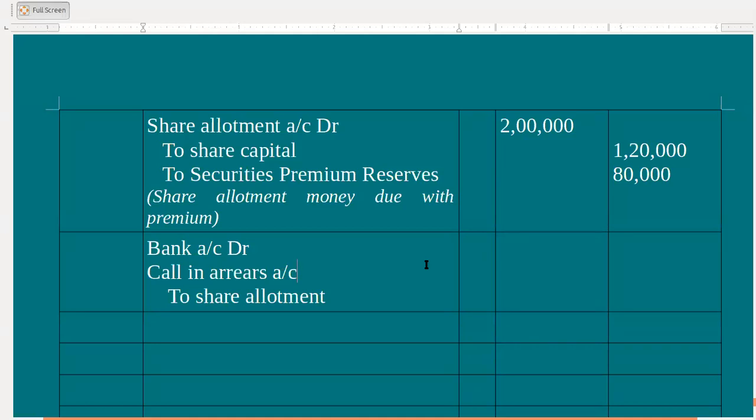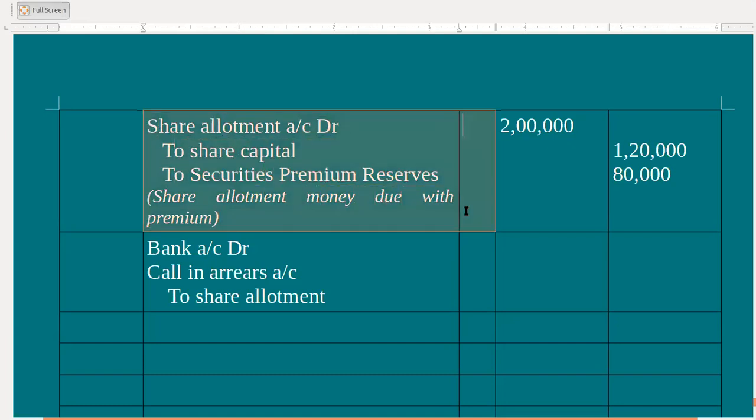Can you see the previous journal entry? What is the total amount of allotment money due? 2 lakh is the allotment money due, right?